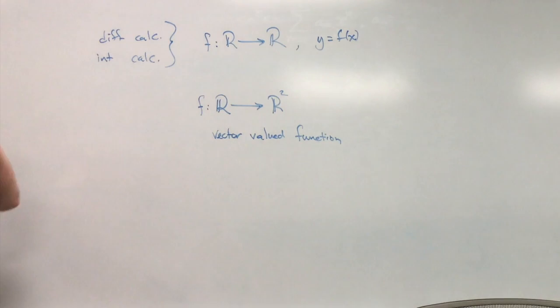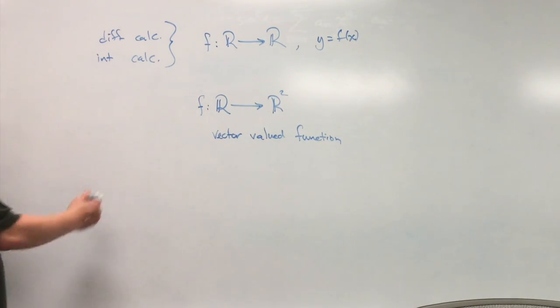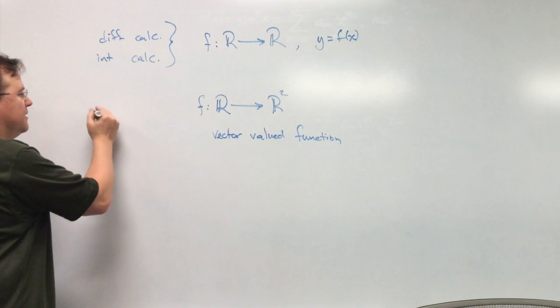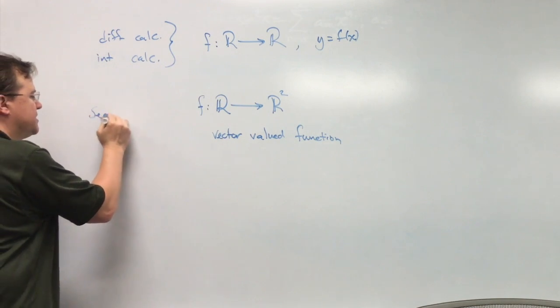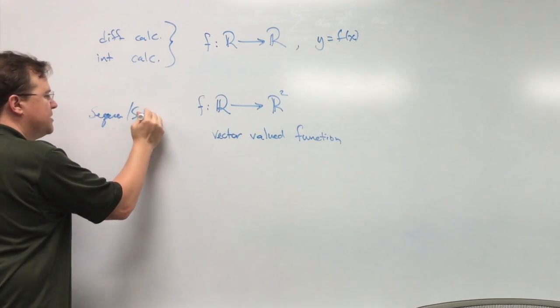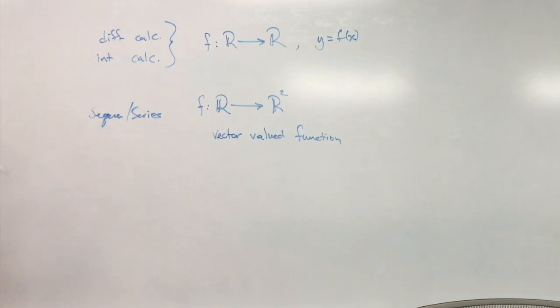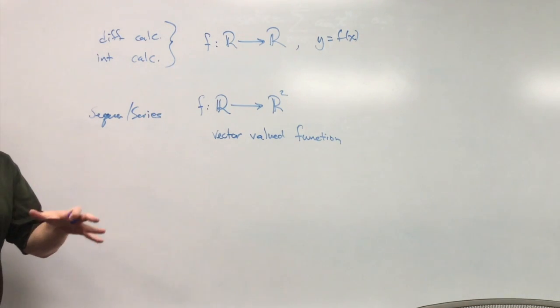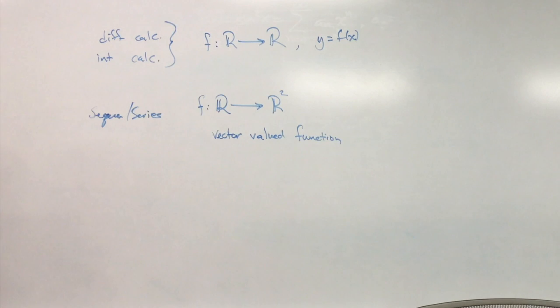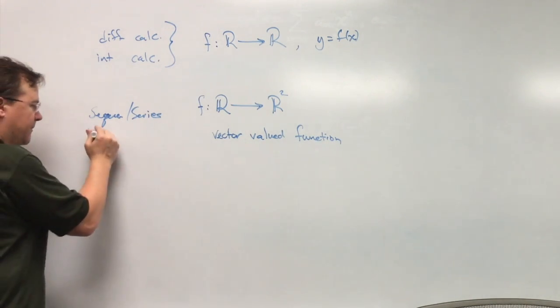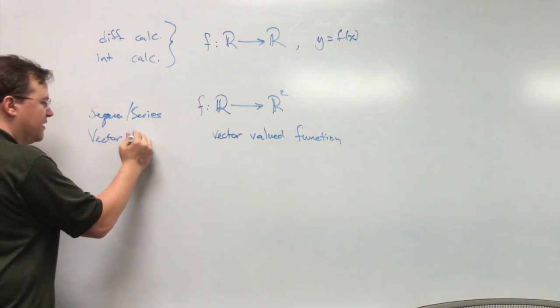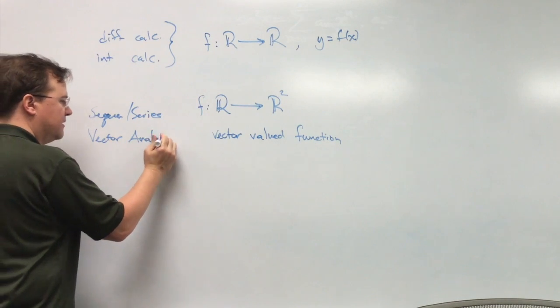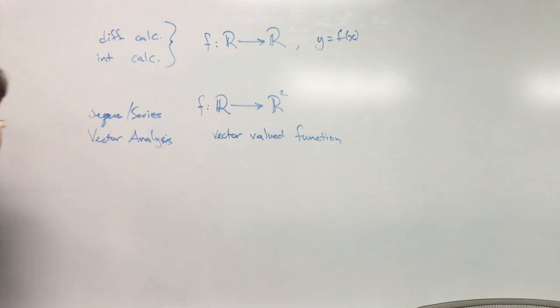So that's kind of what we're doing in here, right? We've been doing a lot of sequences and series, but we're about to change gears, and we're getting into some more vector analysis. That's what I would call it, at least.